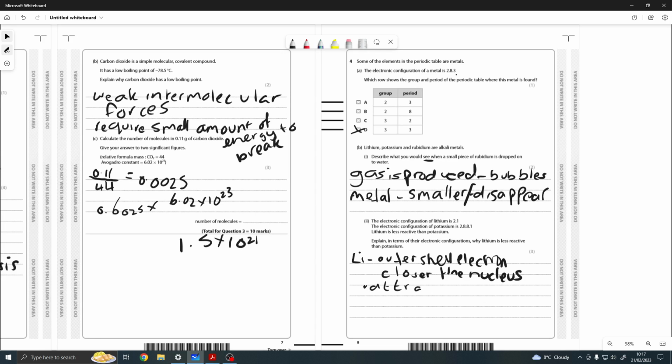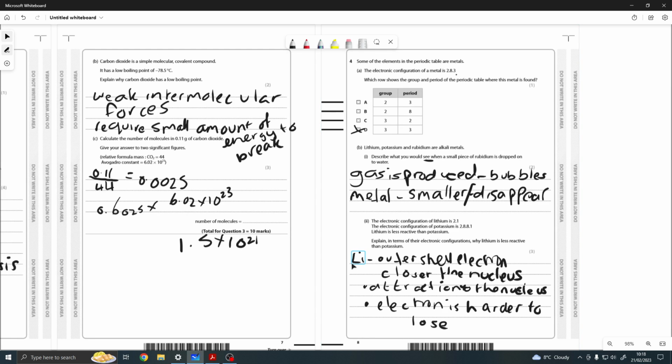So this is point number 2, attraction to the nucleus. And if it's more strongly attracted to the nucleus, it is therefore the electron is harder to lose because it's closer to the nucleus. Okay, so it's closer to the nucleus, there's less shielding, it's harder to lose. Okay, which means it's less reactive.